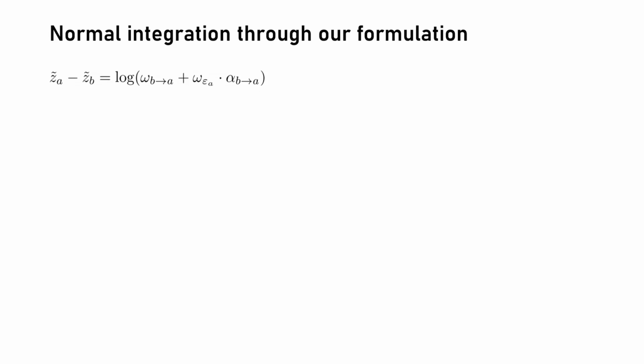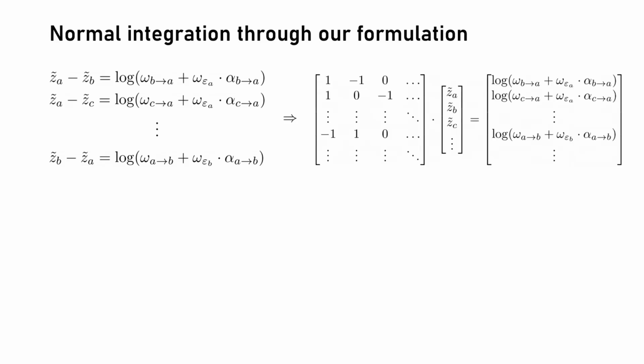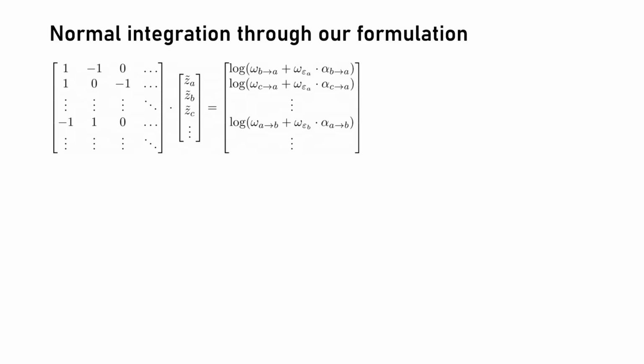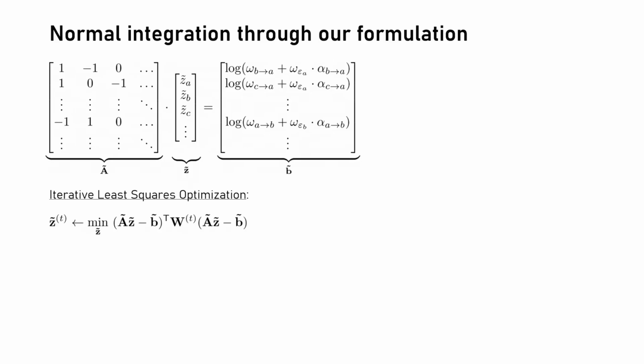To use our derived formulation to integrate normals in an input normal map, we enforce it for all pairs of neighboring pixels. These constraints can then be rearranged in matrix form. Similarly to previous methods, we solve for the unknown log depth values through an iterative least squares optimization problem.